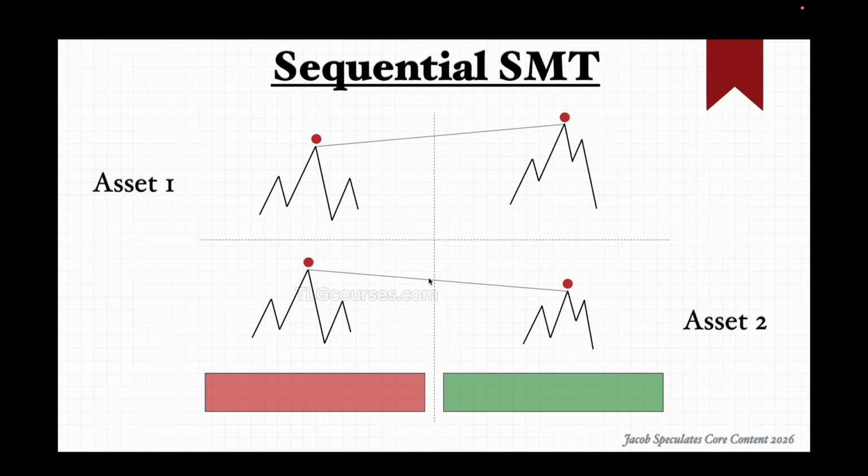So this is called a failure swing due to the fact that it failed to take out this high. So this would be an example of sequential SMT. And this is very, very high probability for reversals. And this is the key signature that we always look for, every single day, every single week, every single month.